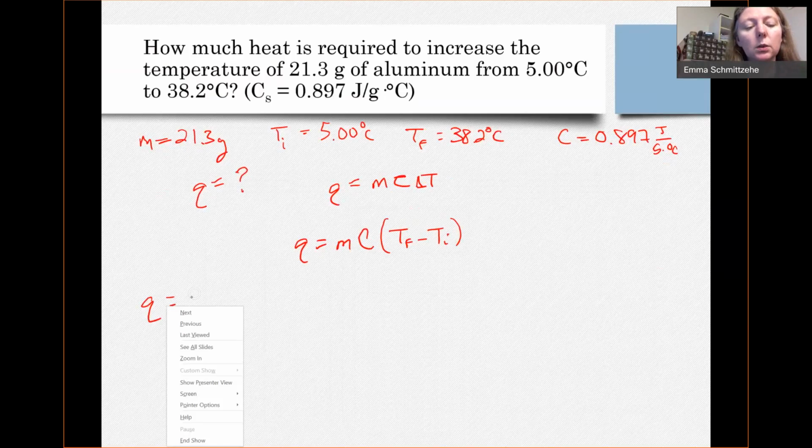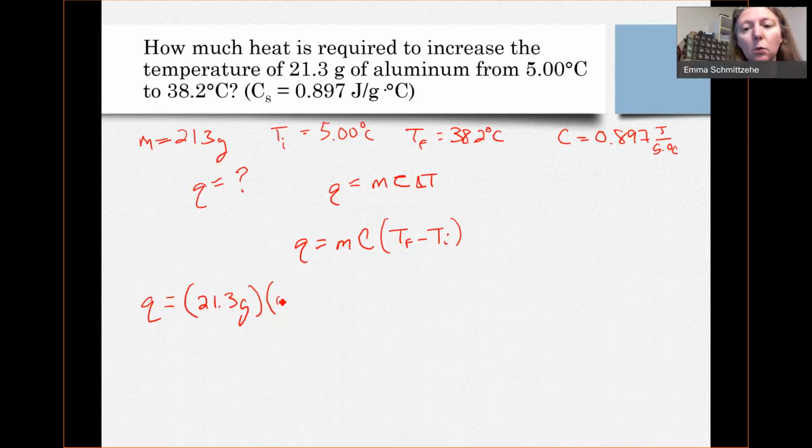So Q equals 21.3 grams times 0.897 joules per gram degrees C times 38.2 degrees C minus 5.00 degrees C.